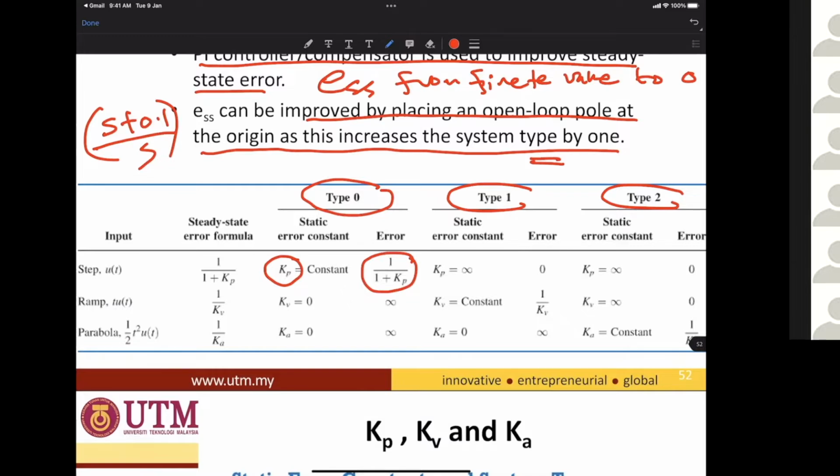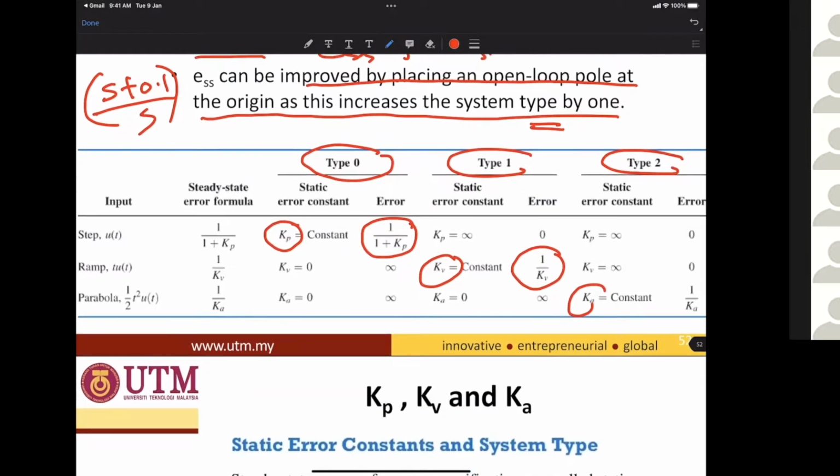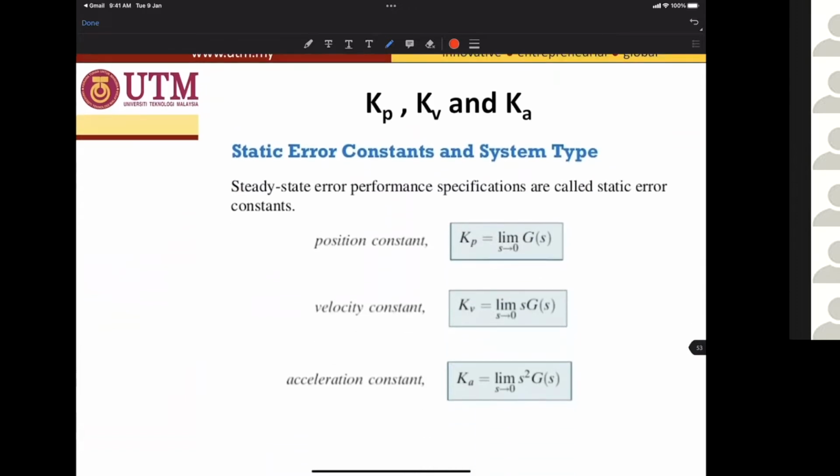For type 1, always refer to KV, velocity error constant, and the error is 1 over KV. And for type 2, we refer to KA, so the error is 1 over KA. So this is what I told you just now.